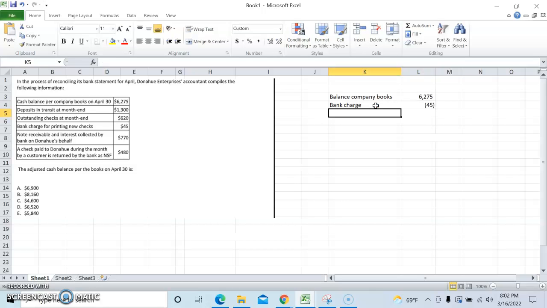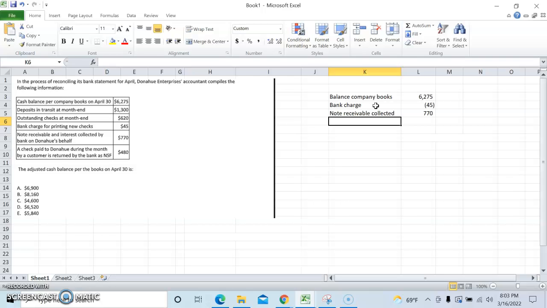All right. Note receivable and interest collected by the bank on Donahue's behalf. The key words are collected by the bank. That means it's already on the bank side, so this is going to be on the book side. Note receivable collected. We're going to add the 770 because it's going to be on the book side, since it's already on the bank side.